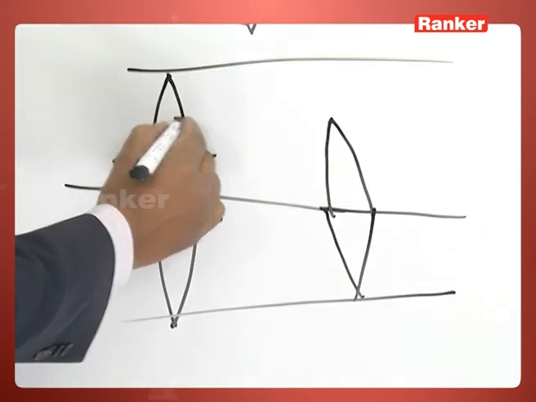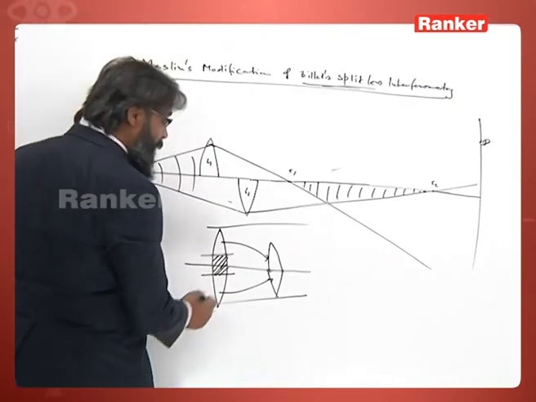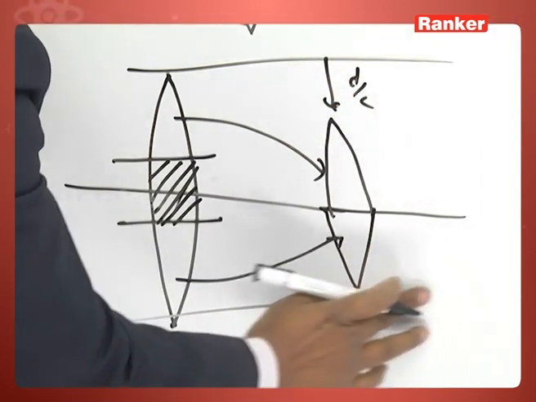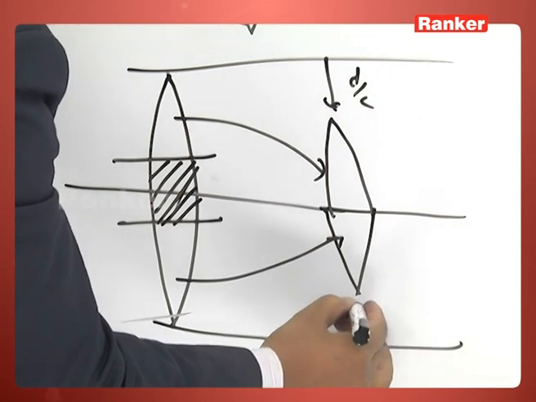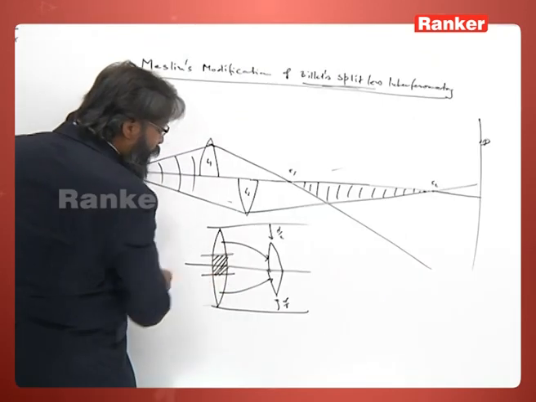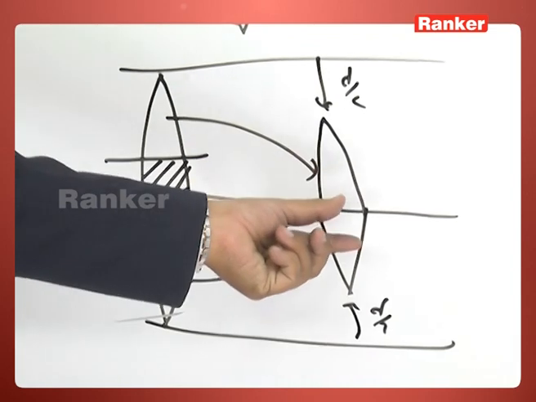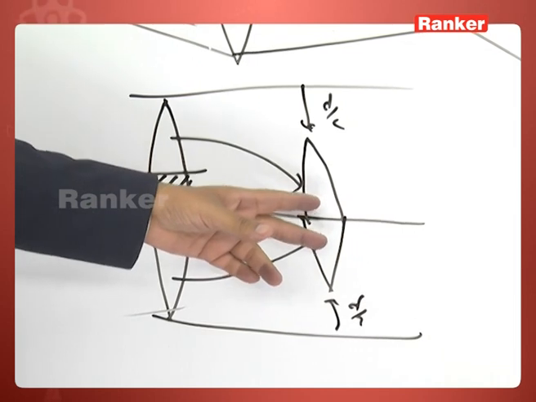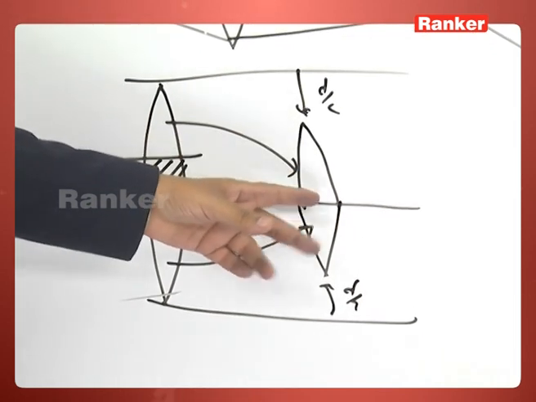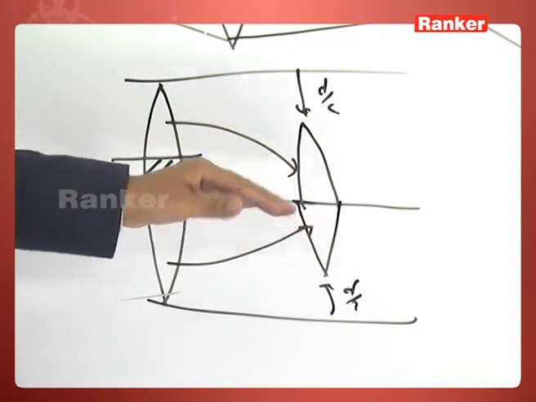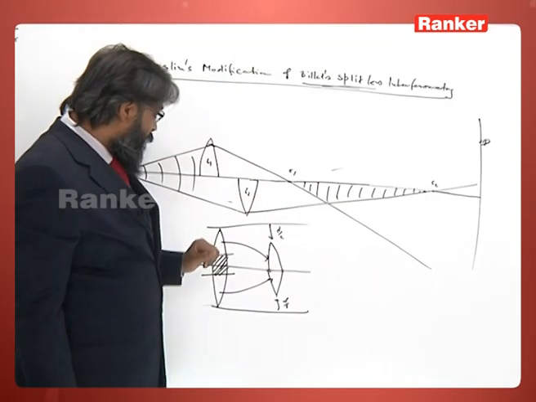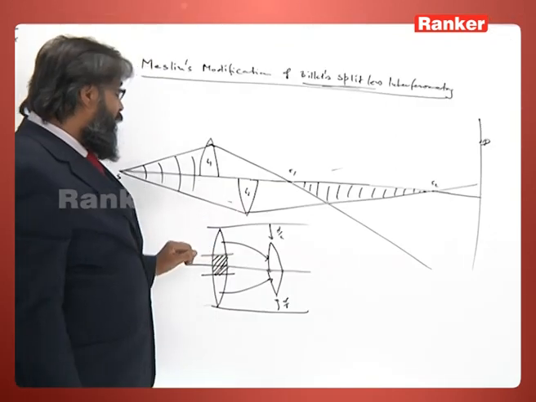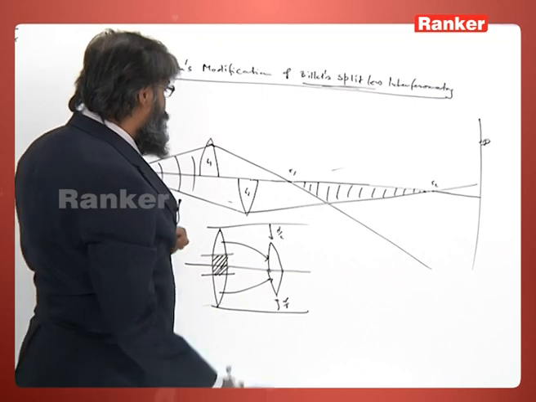That means this portion has been shifted here and this portion has been shifted here. So this portion shifts by d by 2, and from this point, this portion shifts by d by 2. So I have removed this portion and pasted these two portions of the lens to form a single lens. It's a single lens, but it's not a single lens. The individual parts behave as their own lenses with their own optic axis. So we will see with these modifications how we will get the interference pattern.